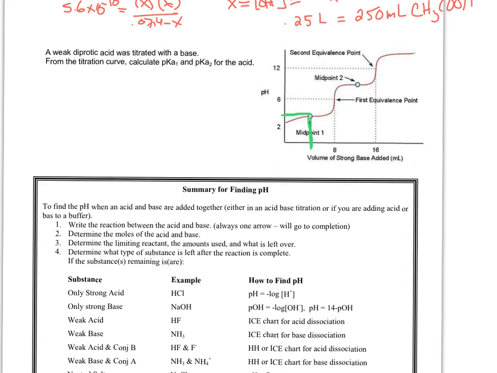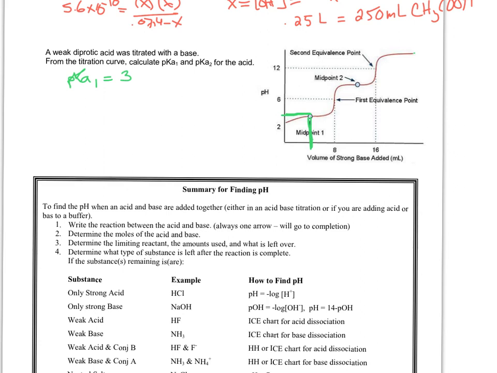I am kind of estimating here, maybe it's a pH of about 3. Now, if you were doing this on the test, the numbers would be a little bit clearer or easier to read, and also they'd give you more leeway. So I'm going to say that my pKa1 is going to be equal to about 3 or so.